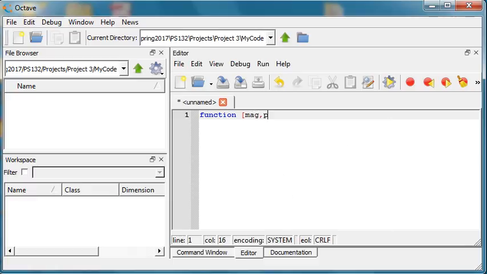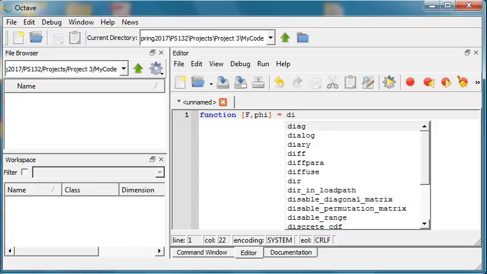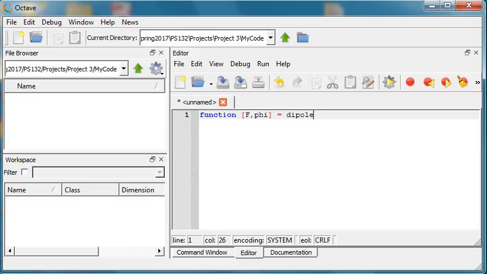I call the direction phi, so I'll call this capital F for the magnitude of the force, and phi for the Greek letter phi, equals dipole, it's the force of the magnetic field due to a dipole on another magnetic dipole.